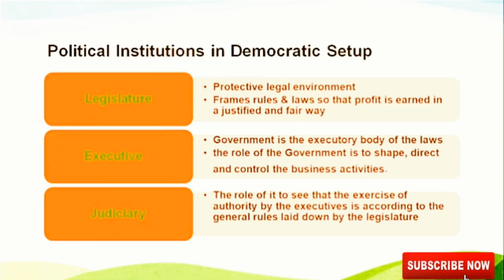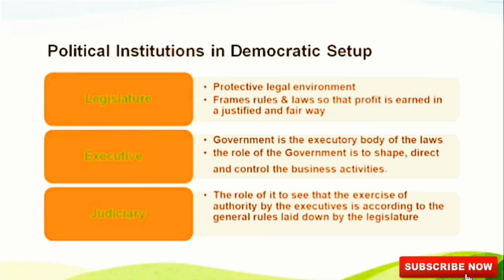For the interpretation of some formal situations and events, we need a regulatory body which works for the regulation of relationships, and that regulating body is our political institutions. Political institutions in a democratic setup are the legislature, executive and judiciary. These three political institutions work very effectively in any democratic setup.